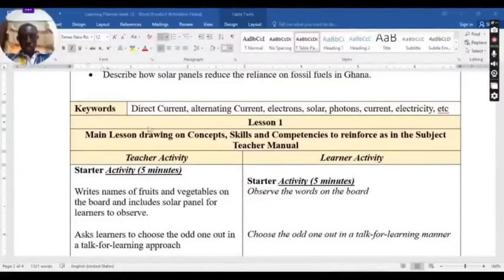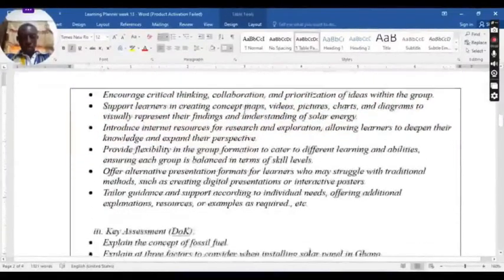Differentiation, we go on to keywords. These are words that are vital, critical to the understanding of the topic that you are treating for the week.